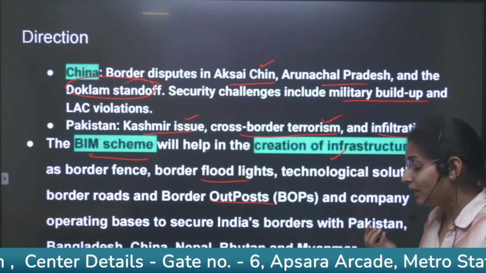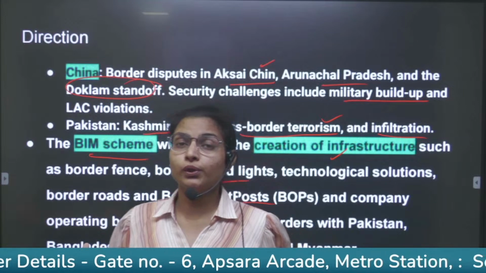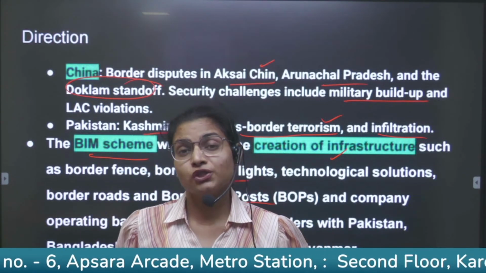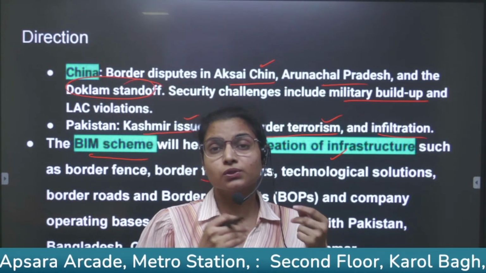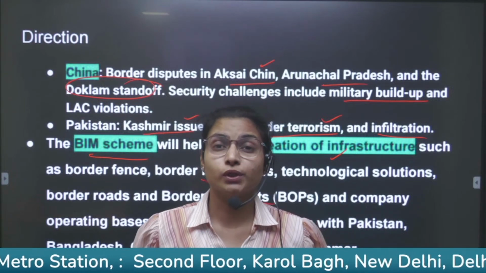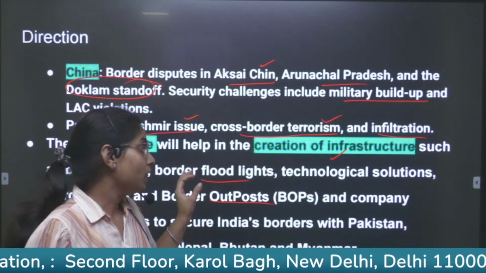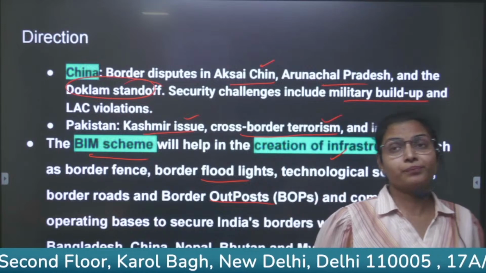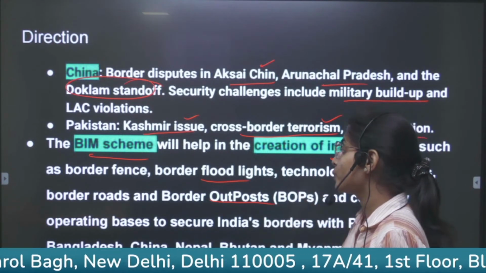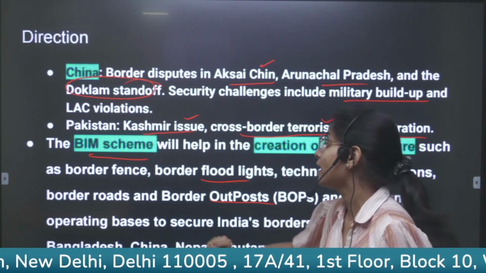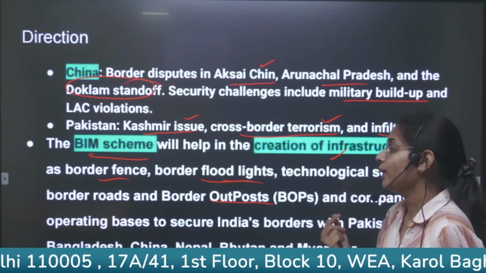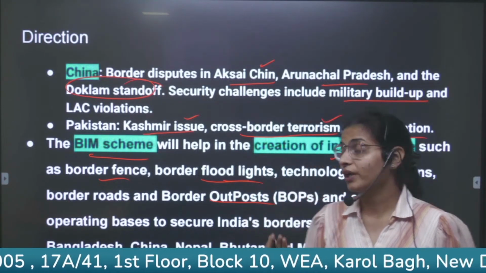Whenever you are preparing for border area development programs or border management, it is mentioned in the syllabus. So do learn about the infrastructure that is required at the borders, because you need to write about specific points here. Maybe you don't know what number of outposts has been created, but if you know that border fences are required, border floodlights are required, this way you can at least write a general answer.